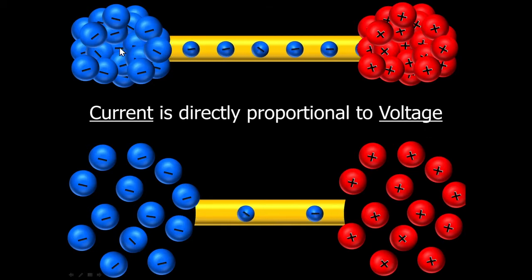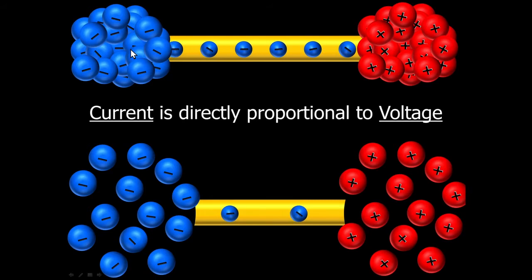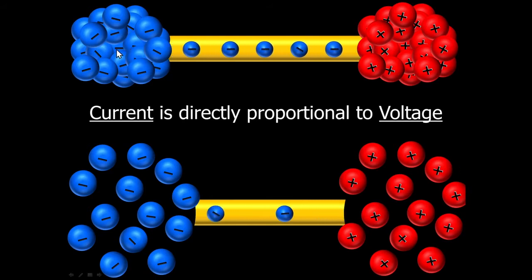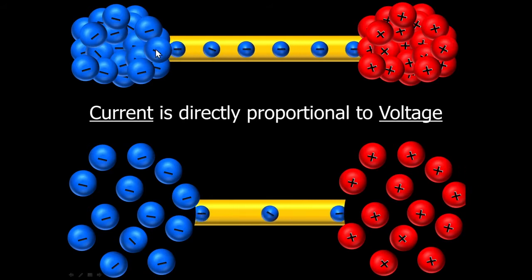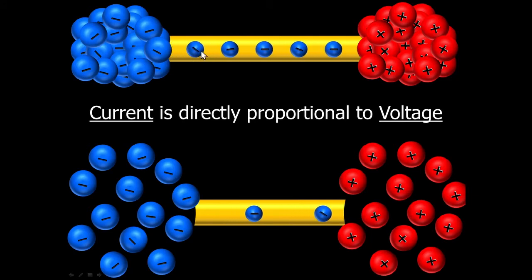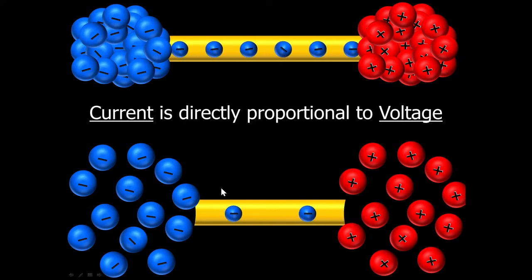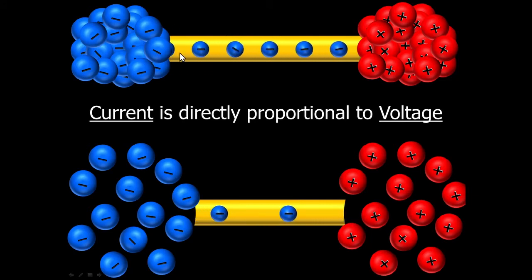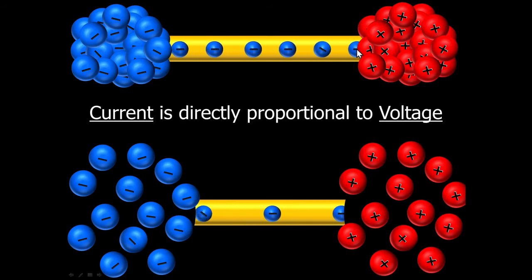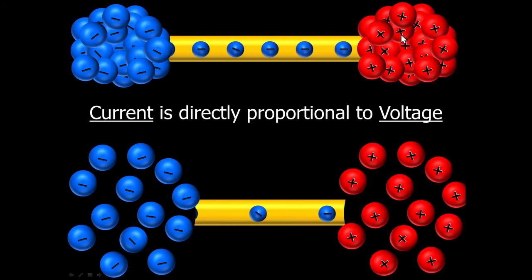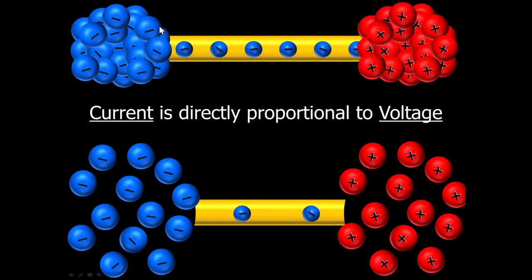And maybe it's not surprising that because these are so pushed together and they don't want to be there and they really want to be over there, when you connect it with a wire here, current is going to flow, but more current is going to flow through that wire when there's a higher voltage, a difference in potential from one side of that wire to the other.